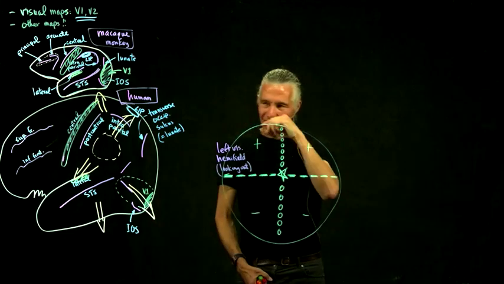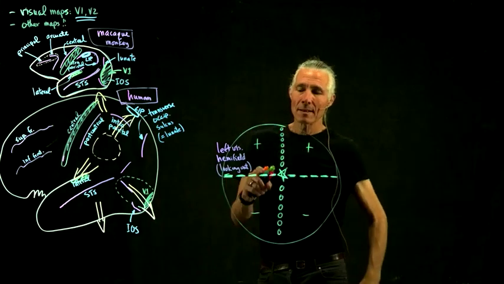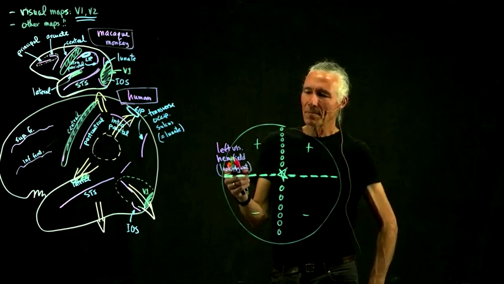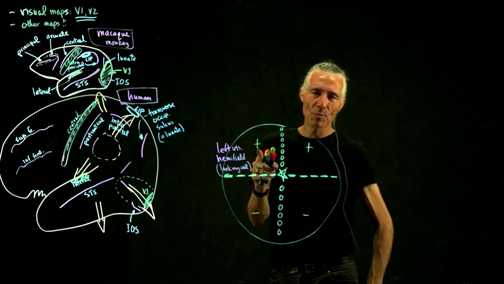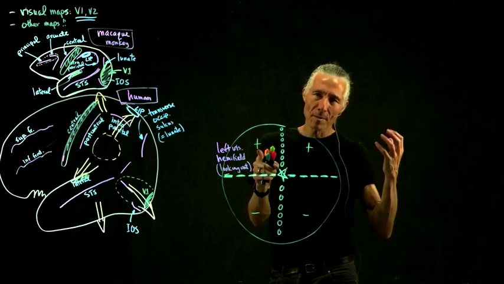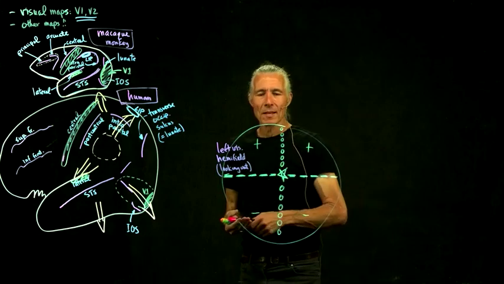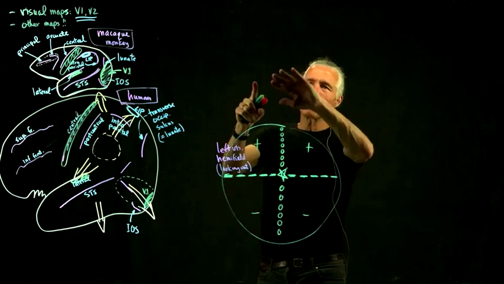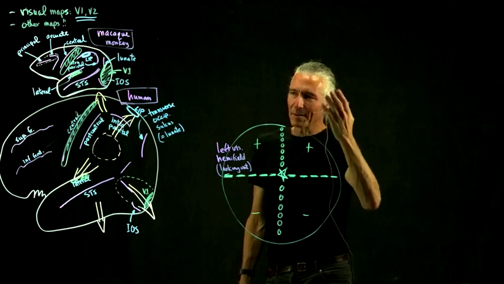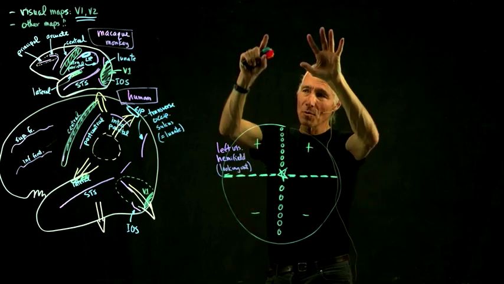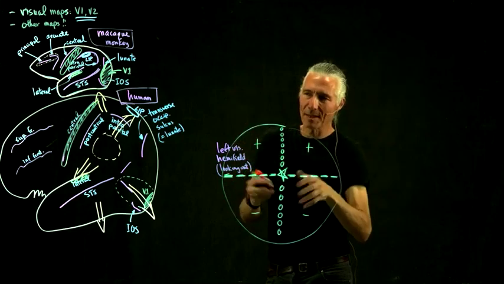Now, the first thing we know is that the way these maps work is that the left visual hemifield, the left world, goes to the right brain, and vice versa. So now we have to decide, should we draw the right or left brain? Because we really need to draw both the left and the right hemisphere to represent the whole visual field.